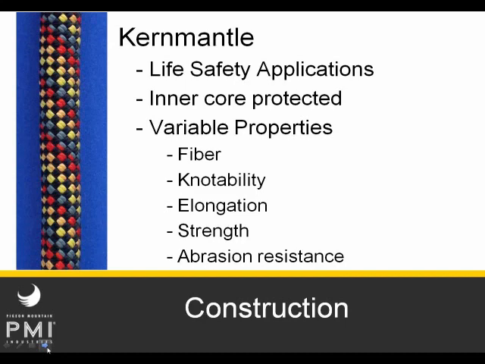So with the sheath protecting the core, if anything should damage the rope, such as a falling object, typically it's just the outside protective fibers that are damaged, and the internal load-bearing fibers are kept safer. Kern mantle rope can be made with a variety of properties depending on what fiber you make it out of, as well as how you weave it, how you make it, how you design it.